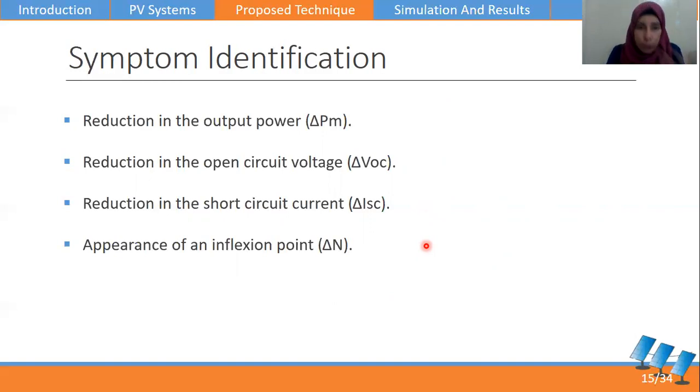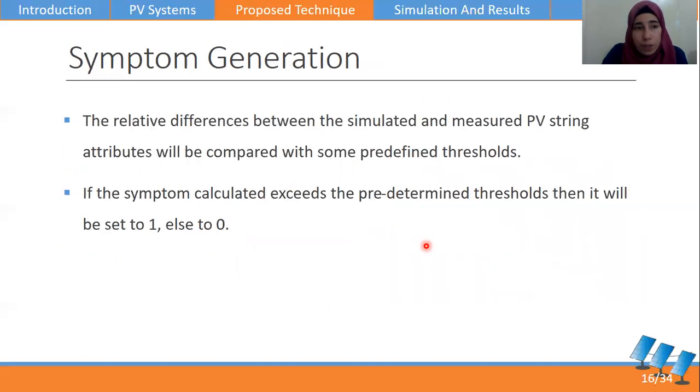From the measurement or from the model, there will be uncertainty in the generation of these symptoms. So the relative differences between the simulated and the measured attributes will be compared with some predefined thresholds. If the calculated symptom exceeds the predetermined threshold, it will be set to 1, otherwise to 0.